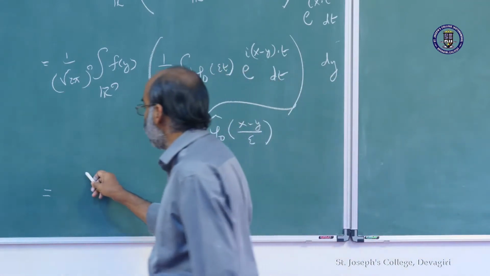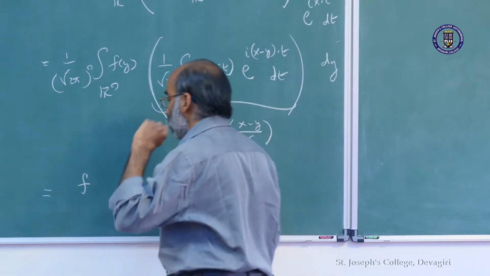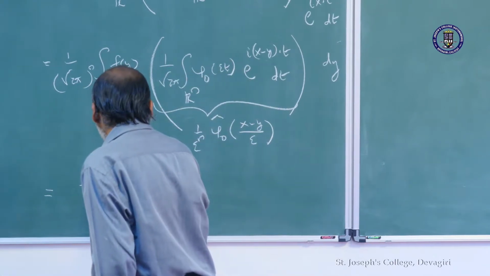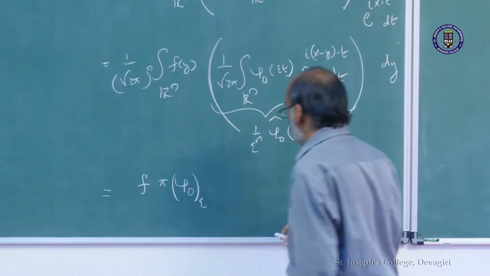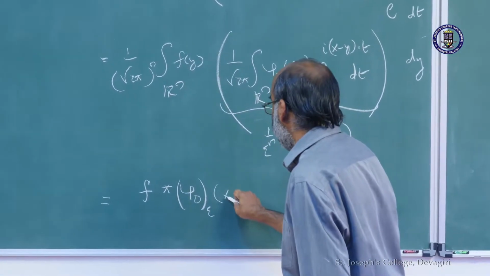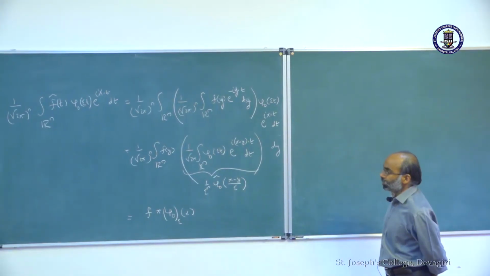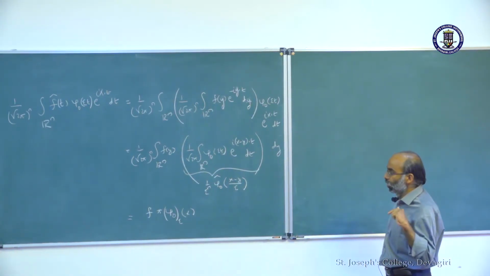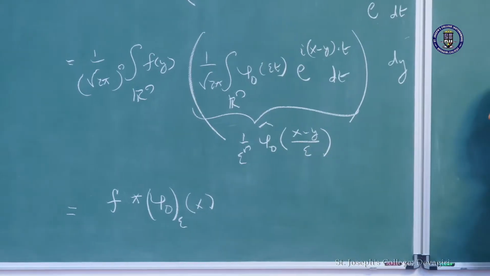So this is f convolved with, remember we redefined convolution using 1 by root 2 pi, right. So this is f convolved with phi 0 dilated by epsilon at the point x. Remember phi sub epsilon was 1 by epsilon to the n phi of x by epsilon, right. So that is precisely what this is.